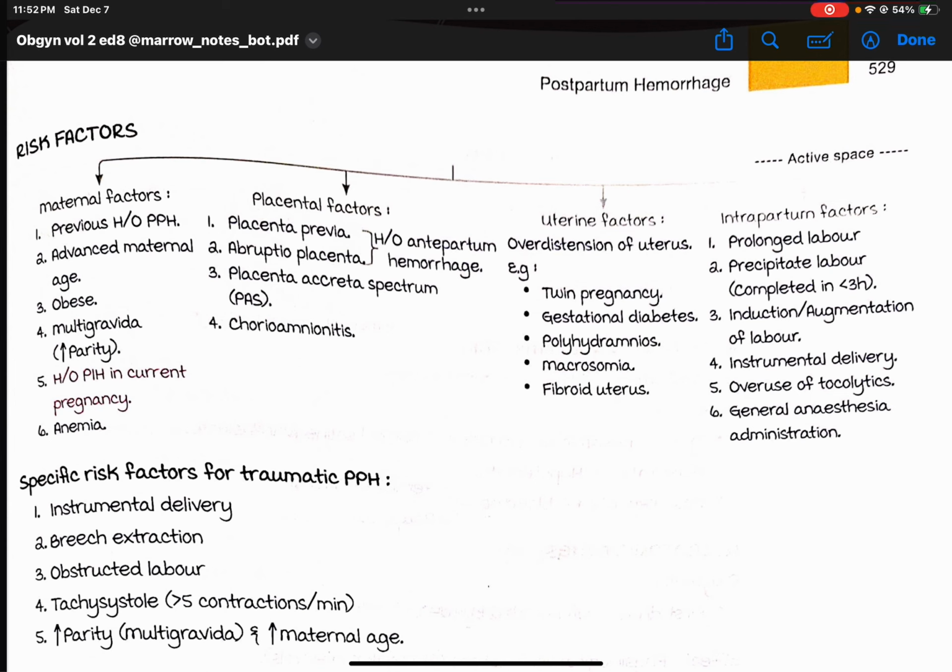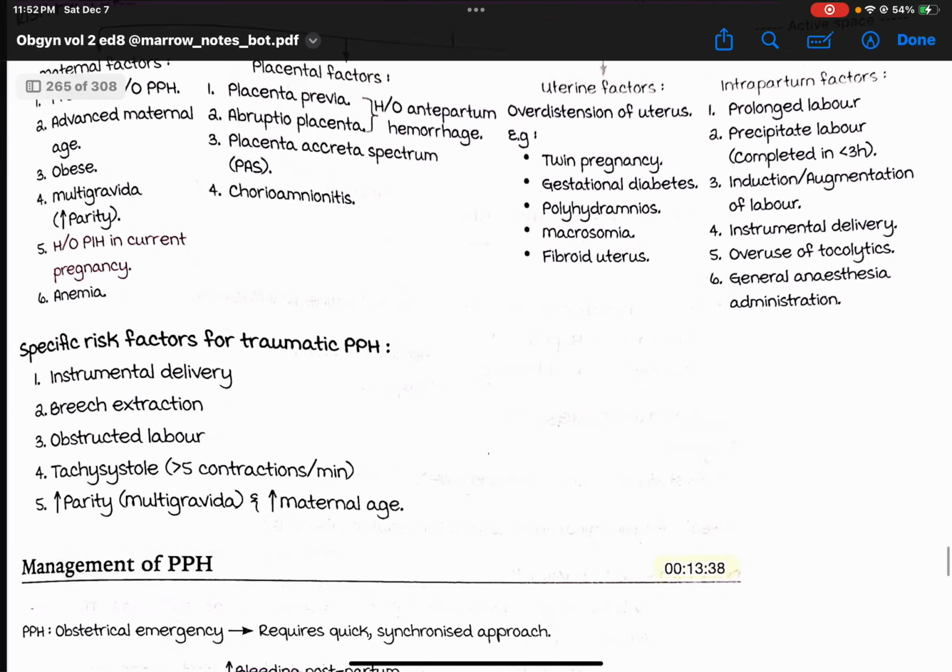Intrapartum factors: prolonged labor, precipitate labor completed in 3 hours, induction or augmentation of labor, instrumental delivery, overuse of tocolytics, general anesthesia administration.